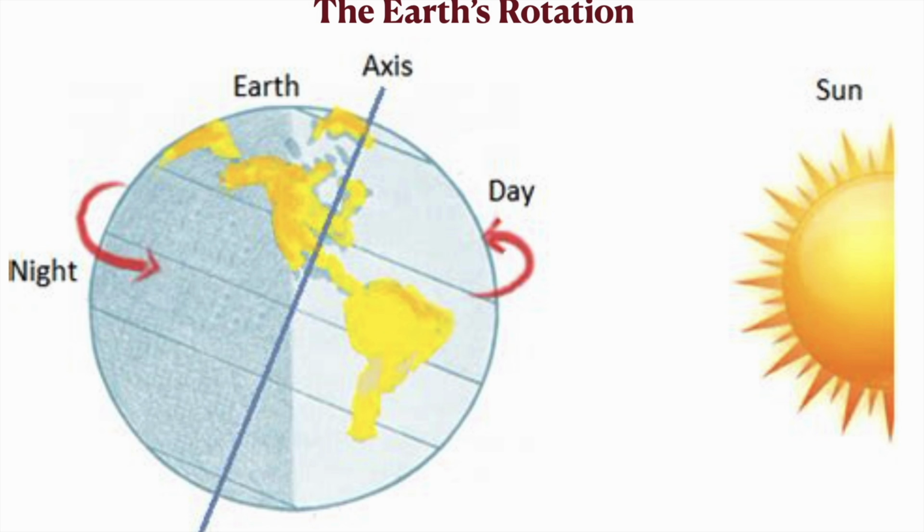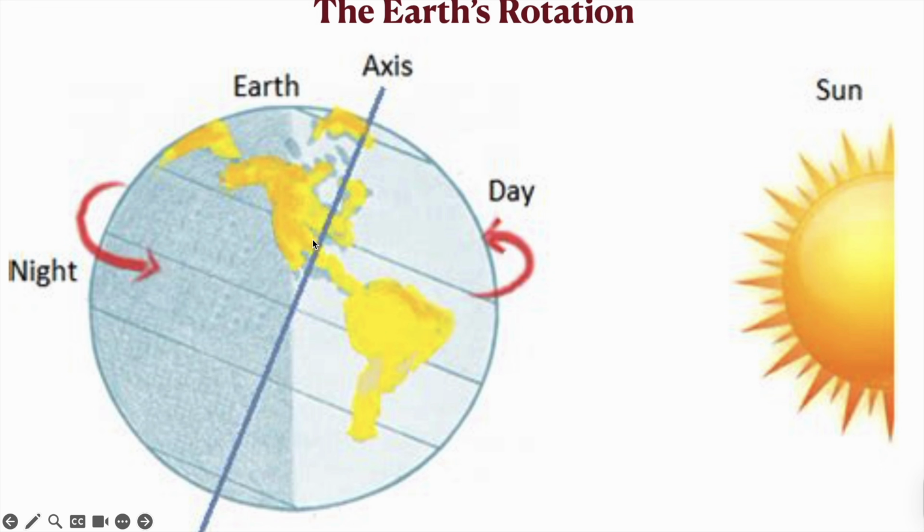All right, now we're going to look at another concept. This is the Earth's rotation. This is another concept that you must know, okay? What does Earth's rotation cause? It causes day and night, all right? So we're probably right here. This is a weird drawing of North and South America, but we're probably right here.